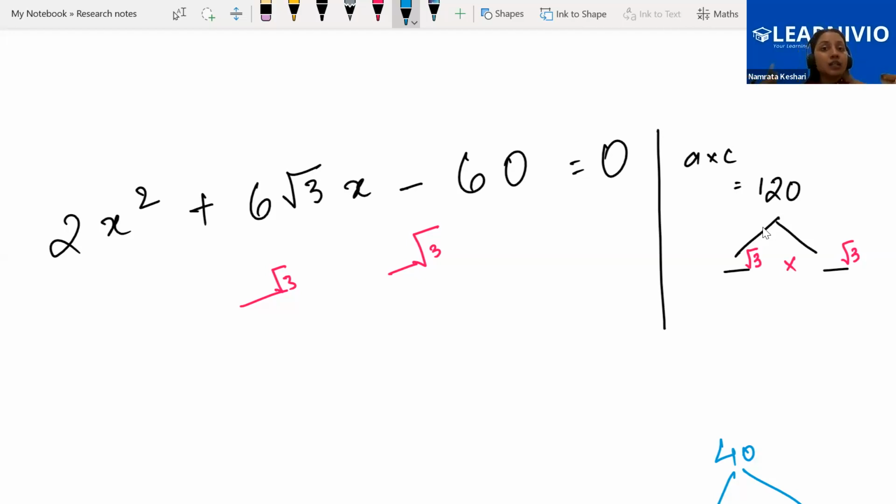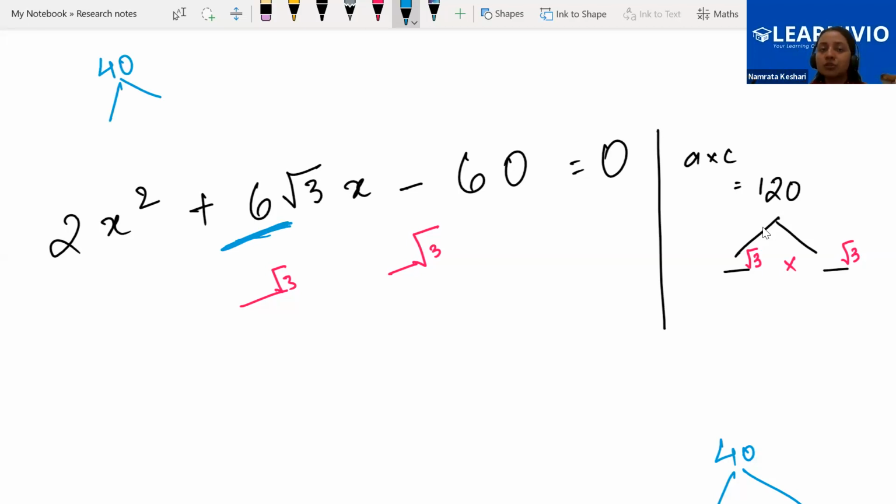That means we are already creating 3. What else do we need to make? 3 into which number is 120? Go ahead and divide it, you will get 40. We need to multiply 3 by 40 to create 120. Now your question is straightforward: you need to split 40 into two numbers so that you generate this 6.